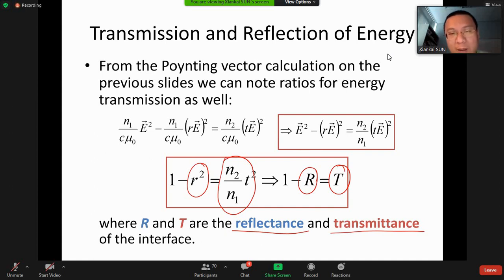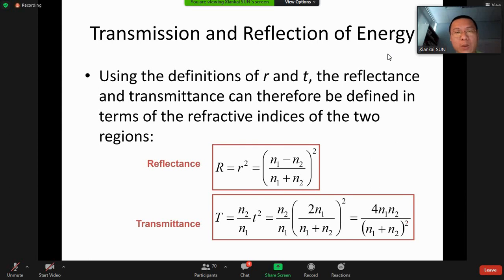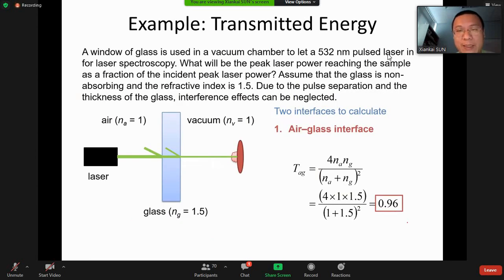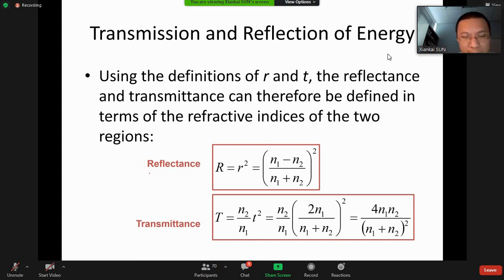So the small r is the reflection coefficient, small t is the transmission coefficient, but the big R is the reflectance, and big T is the transmittance.